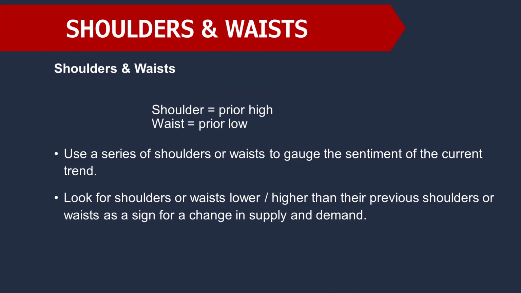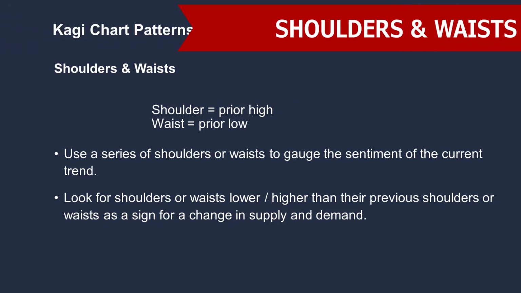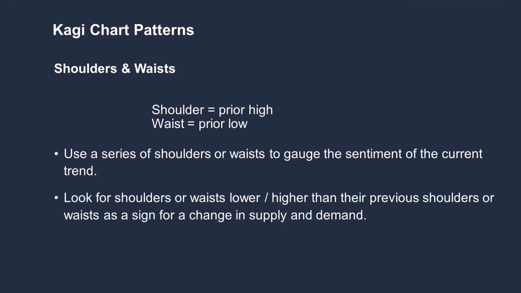So our first KAGI chart pattern revolves around what's known as shoulders and waists, which is unique to the KAGI chart. A shoulder is a prior high and a waist is a prior low, and what it can be used for essentially is to gauge the sentiment of the current trend.